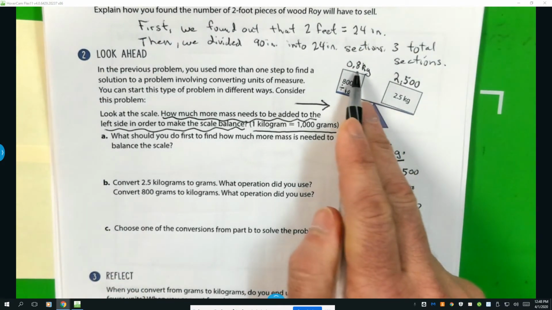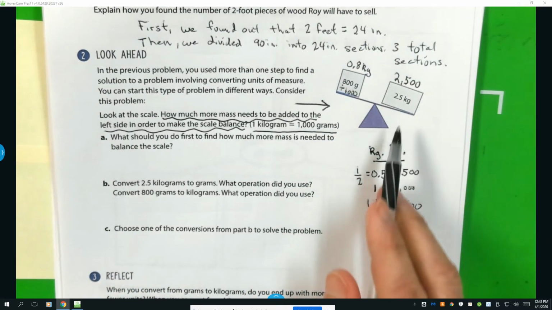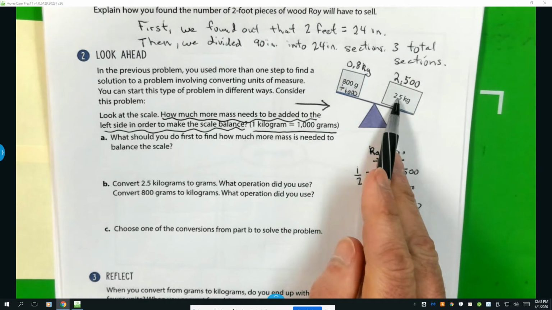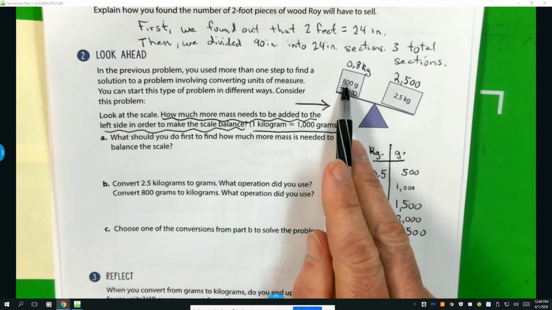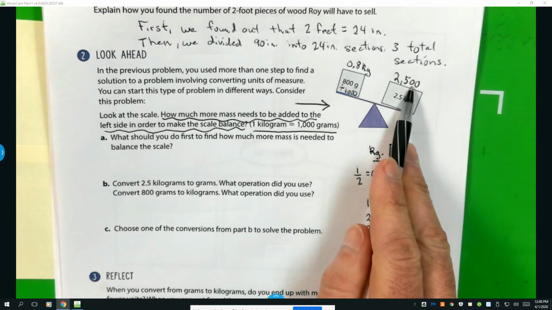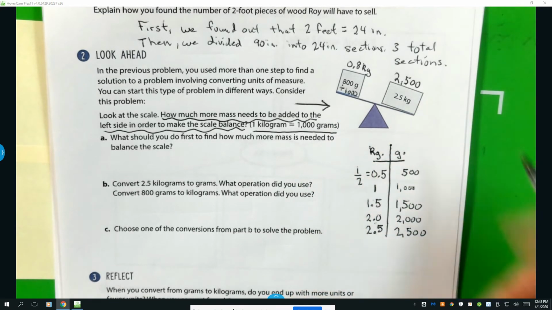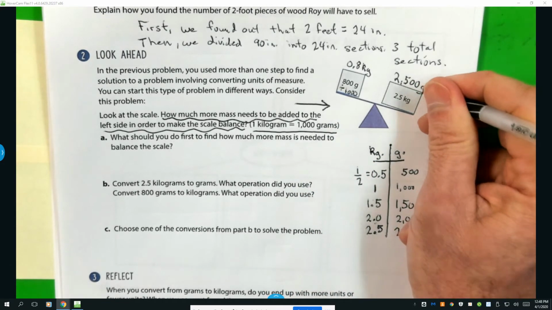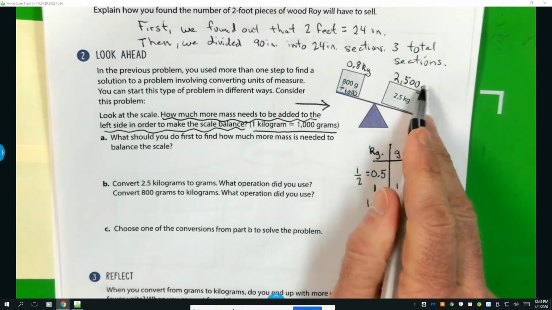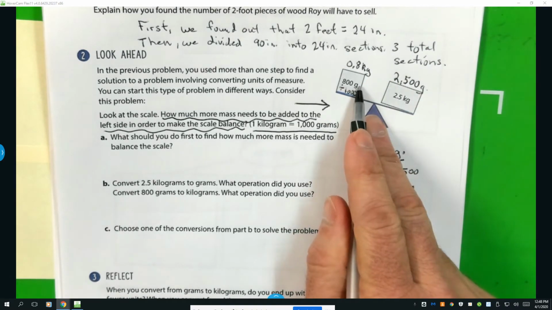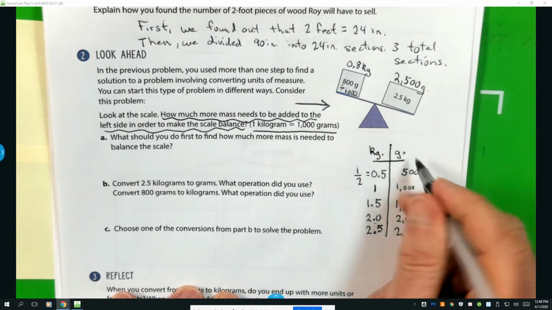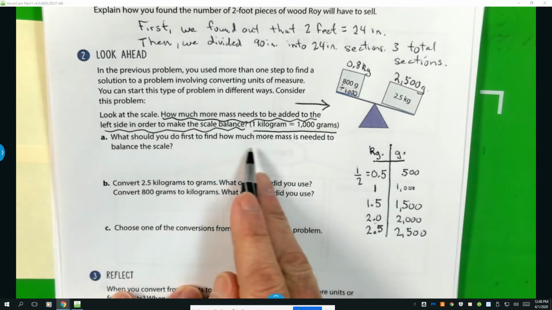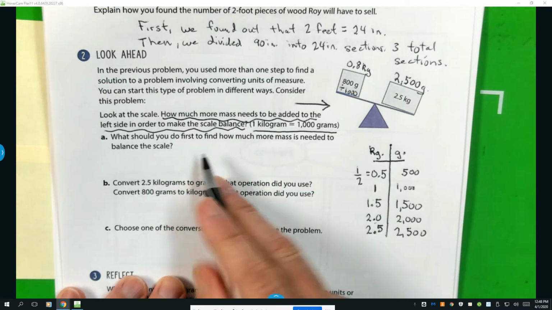So I've got the measurement either way. So I could do 2.5 kilograms minus 8/10 kilograms, or just a simpler, easier problem for me, 2,500 grams minus 800 grams. And the reason I would do it this way is because I didn't want to deal with the decimal point. Okay, so what should you do first to find how much more mass is needed to balance the scale?